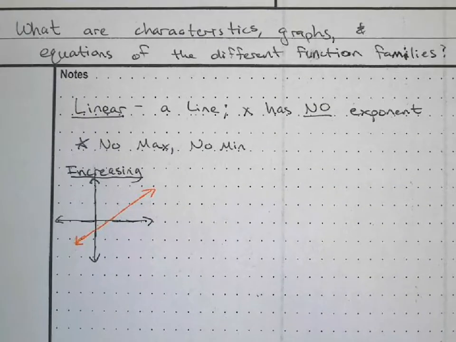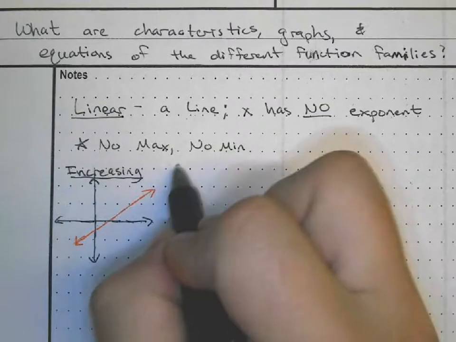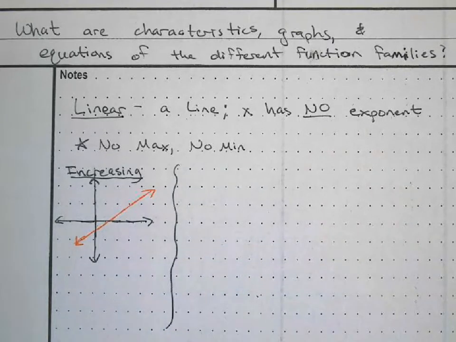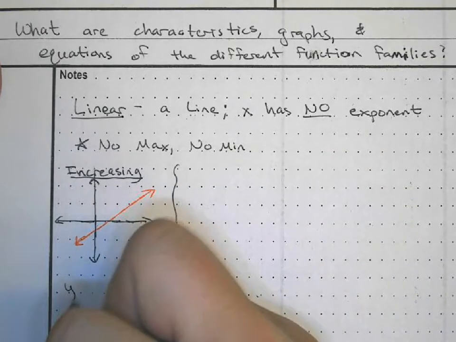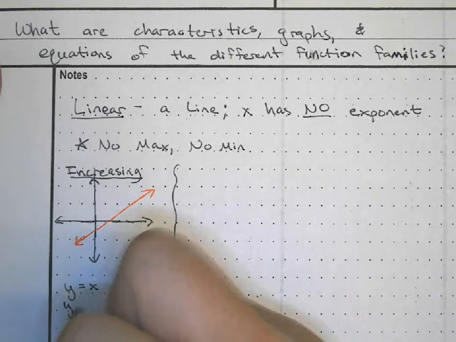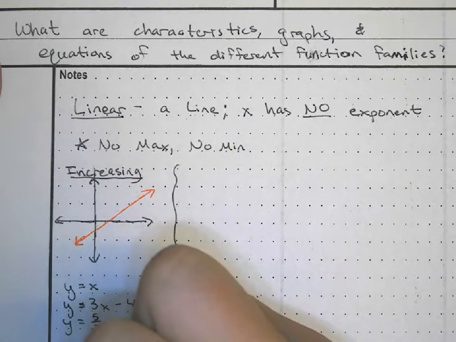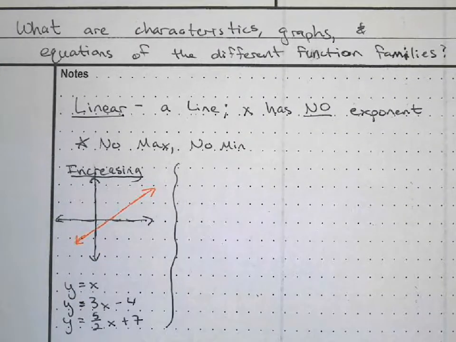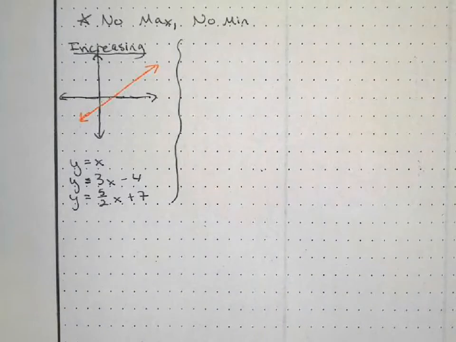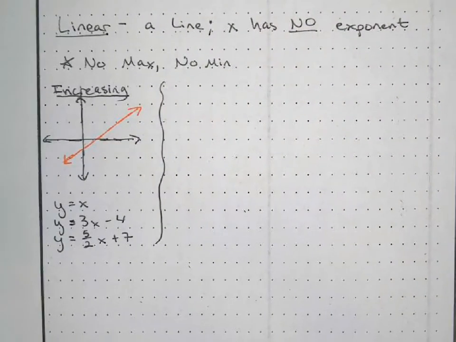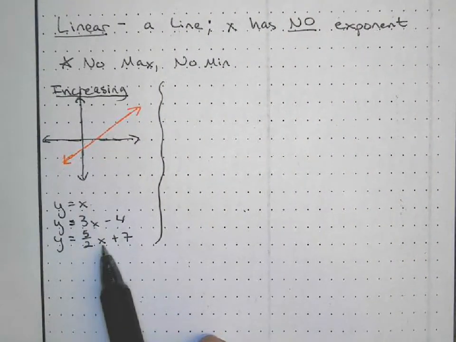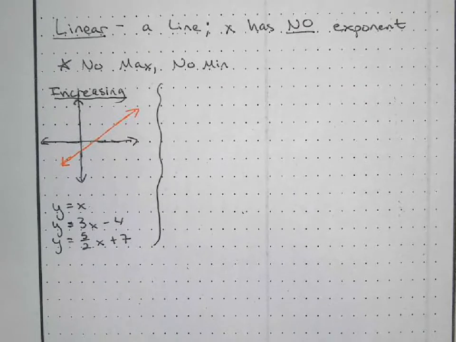So that's increasing. And when we talk about the equations, the x part is always positive. So y equals x, y equals 3x minus 4, y equals 5 halves x plus 7. So that x piece is always positive. Positive x, positive 3x, positive 5 halves x.